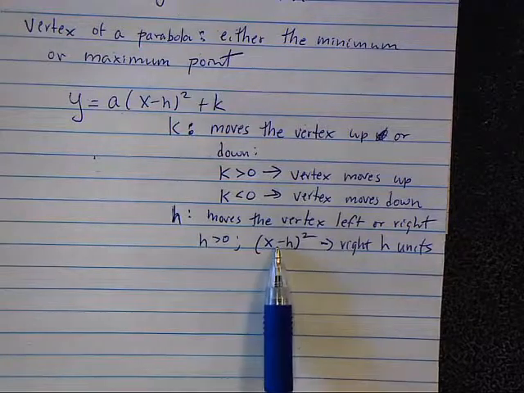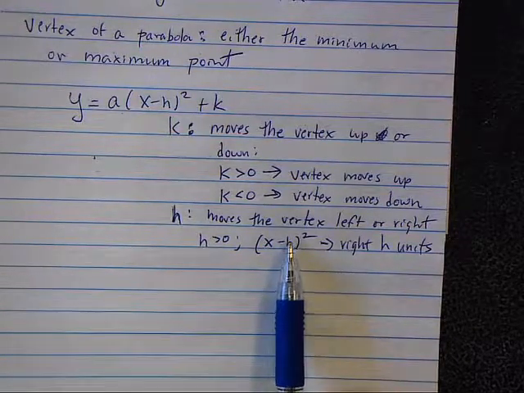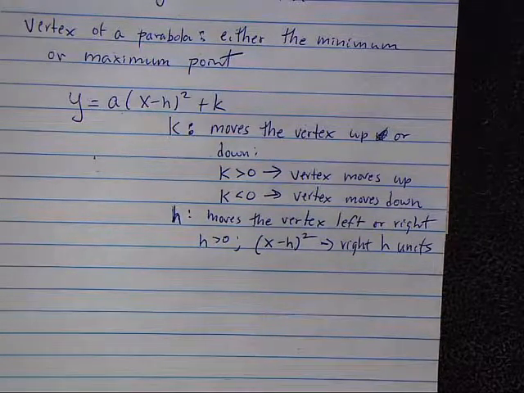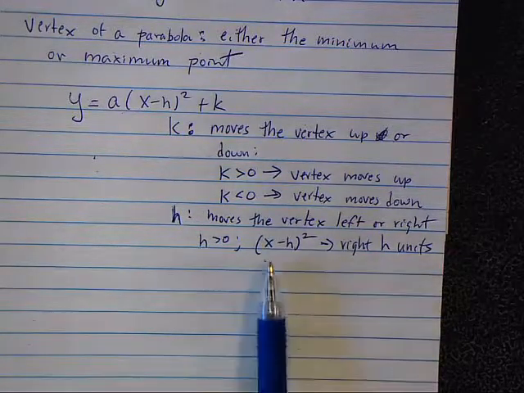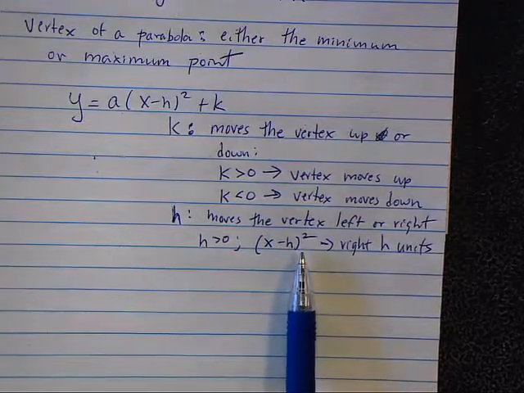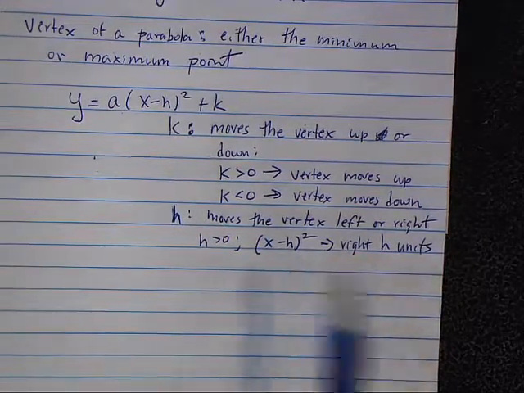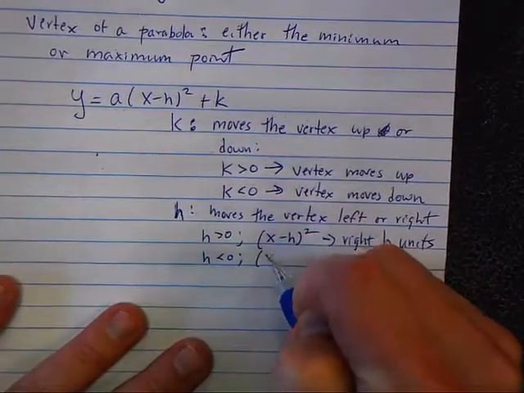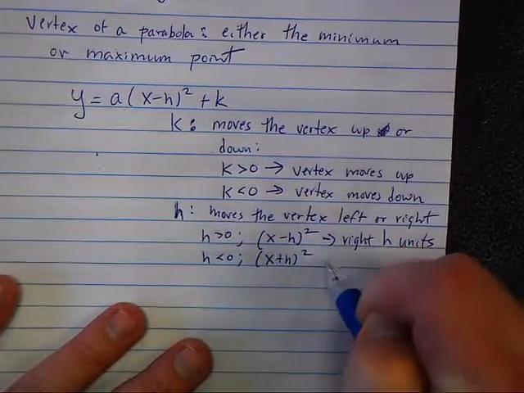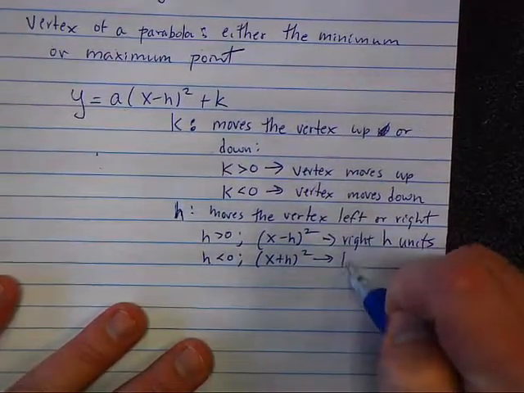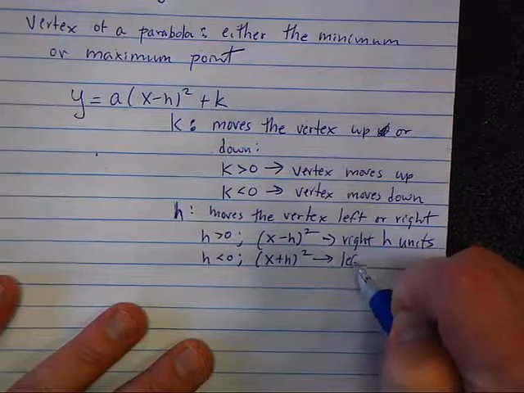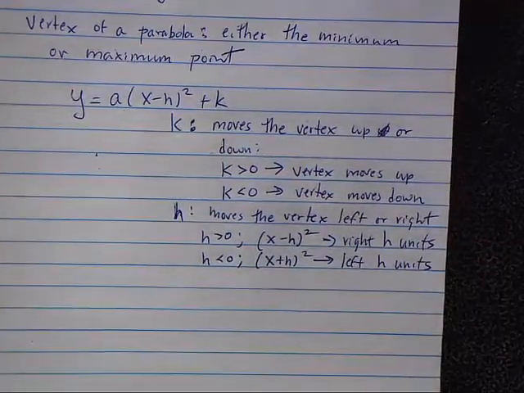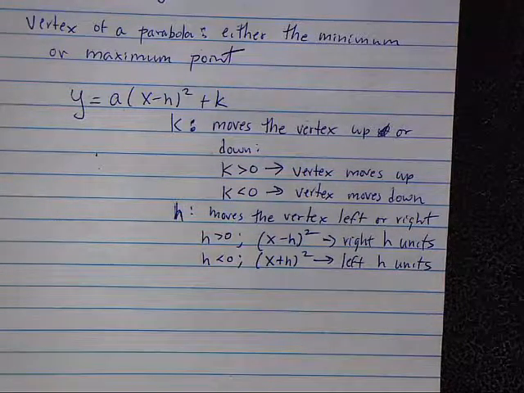When you have the minus inside the brackets, the minus sign actually moves the graph to the right, which is kind of backward of what you would probably guess. You would normally guess that x minus 2 is going to move it left 2, but it actually moves it right 2. And if h is negative, then I'm going to end up with something that looks like x plus h squared, and this one moves left h units.